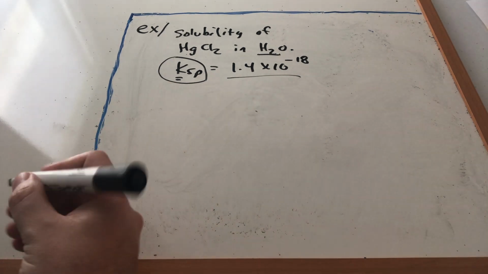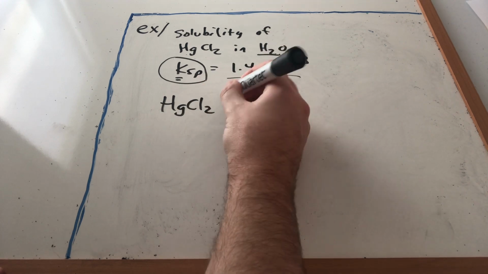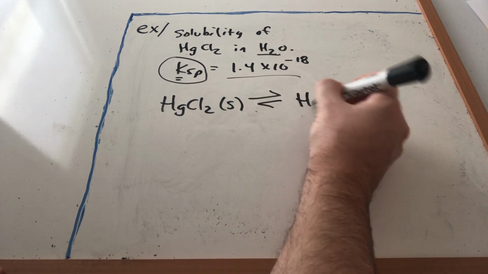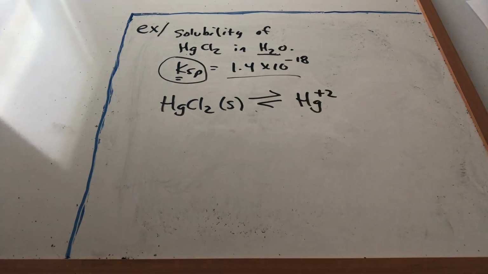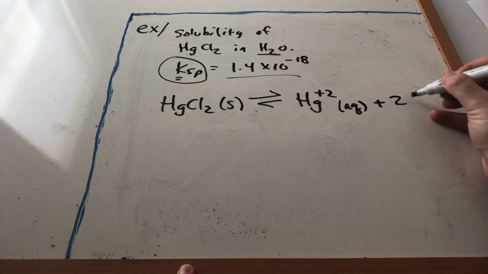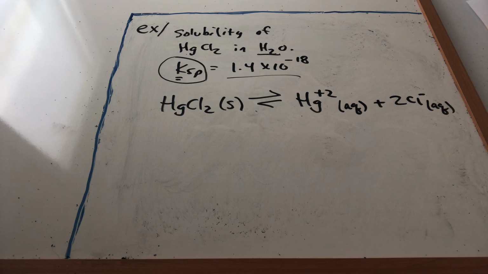Okay. So for HgCl2, remember what solubility looks like, and we discussed this in lab, right? It looks like a solid breaking down into its ions, and you saw it in general chemistry as well. This is mercury 2. So we're going to get an Hg2+, we're going to get 2 Cl-, right?